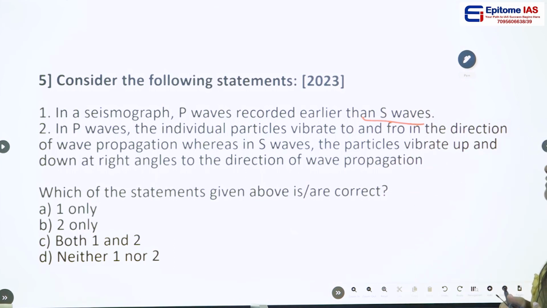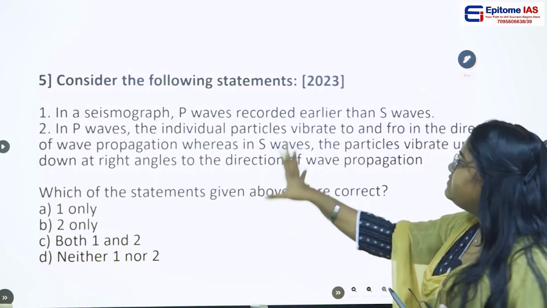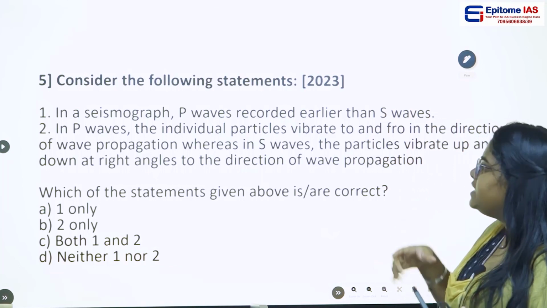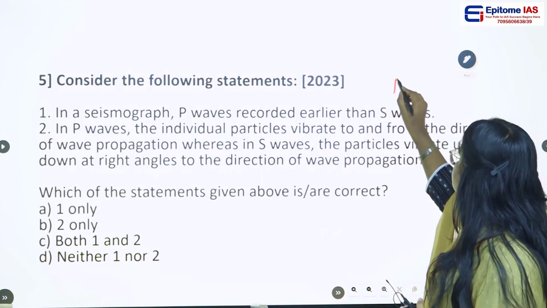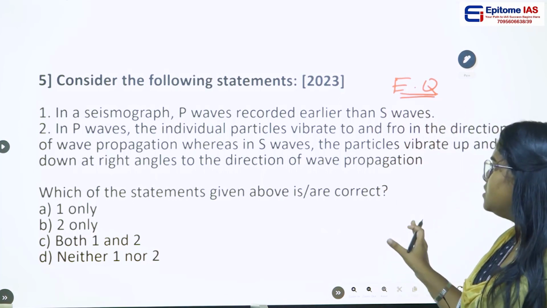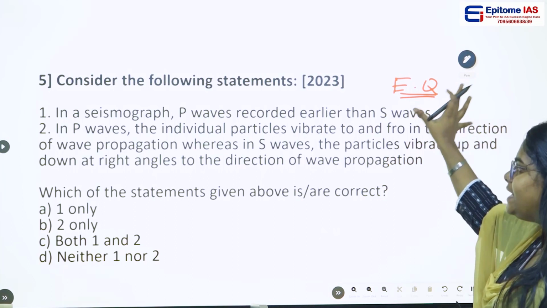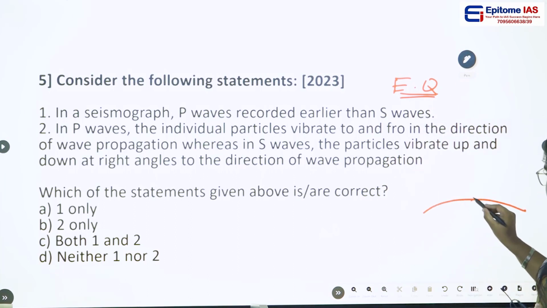So first of all, we have to understand what these P waves and S waves are, and what their important characteristics are. If we talk about the earthquake, there are certain waves which are related to an earthquake. Let us say this is the surface.